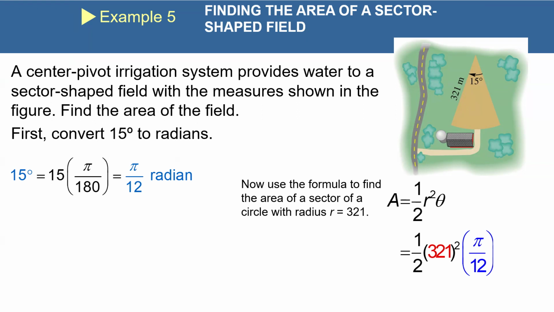You can plug it in all at once if your heart told you to do so. Okay, but you know how on your math lab, it'll ask you to convert and then it'll ask you to plug in. It'll ask you to do it in little pieces, little big pieces. So we do 1/2 times 321 squared times pi over 12.